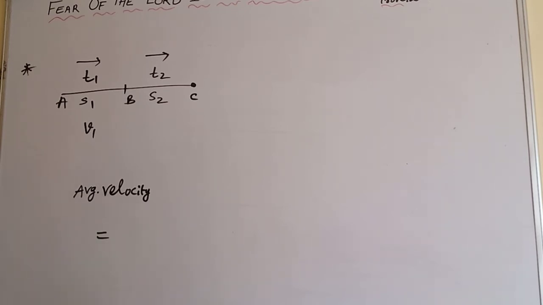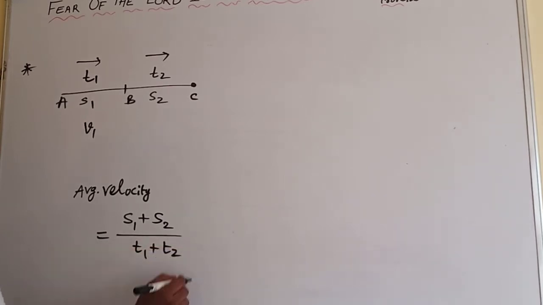So if that's the case, our time average velocity is nothing but S1 plus S2, the displacement S1 plus displacement S2, upon T1 plus T2. What is our average velocity formula?